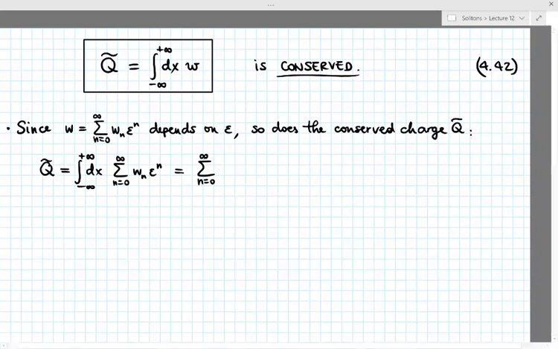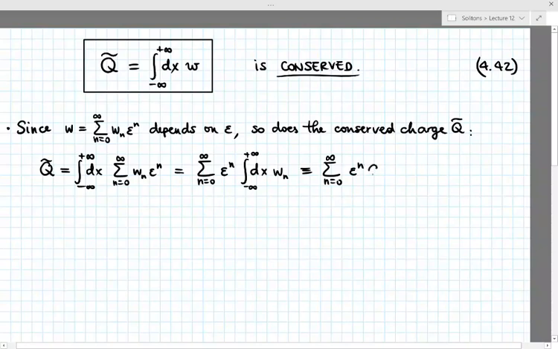So we just get the sum n from 0 to infinity, epsilon to the n, integral over x from minus infinity to plus infinity of Wn, the nth coefficient in this formal power series expansion of W, and that defines for us the formal power series expansion of Qtilde. So that's the sum n from 0 to infinity, epsilon to the n, Qtilde n.